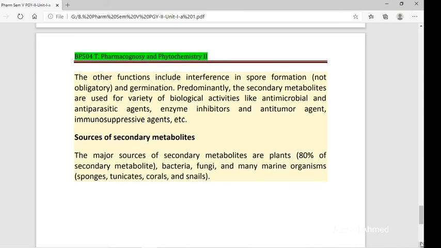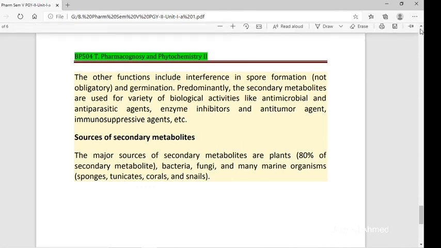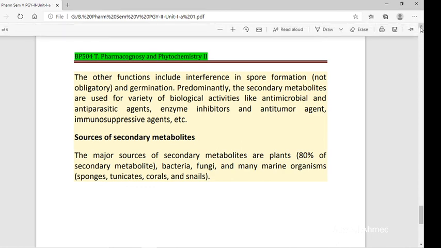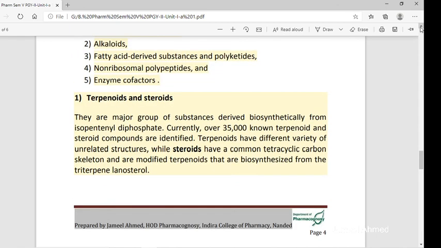So, my dear students, this is the introduction to basic secondary metabolites. We will discuss the metabolic pathways in our second lecture. Thank you very much.